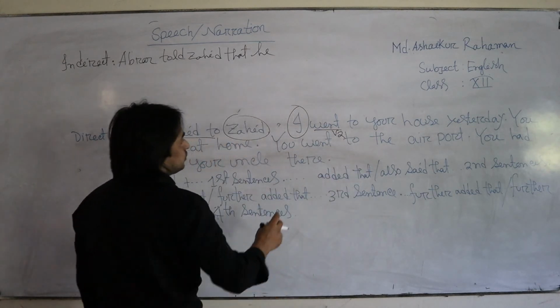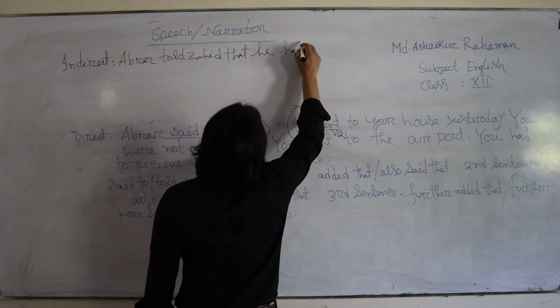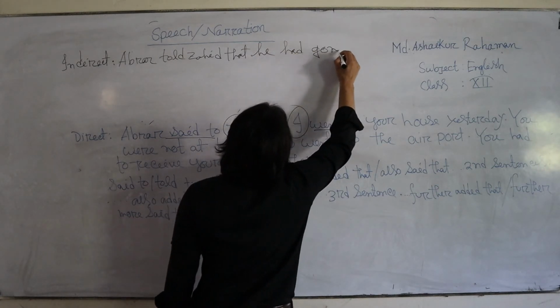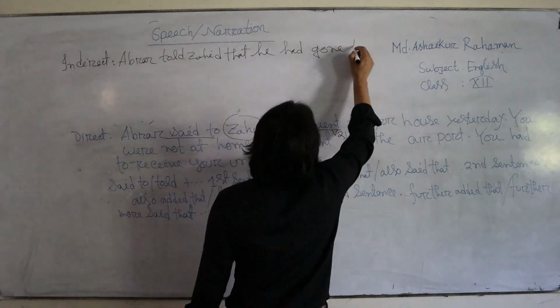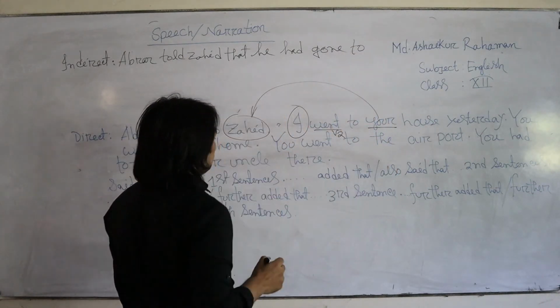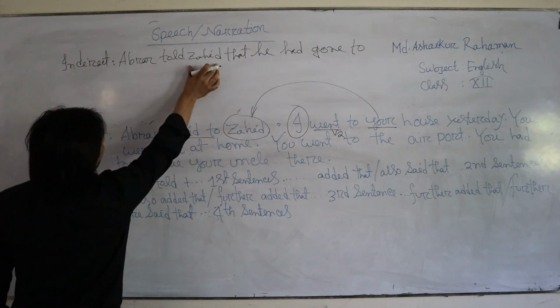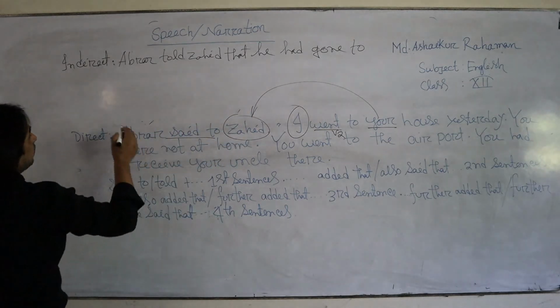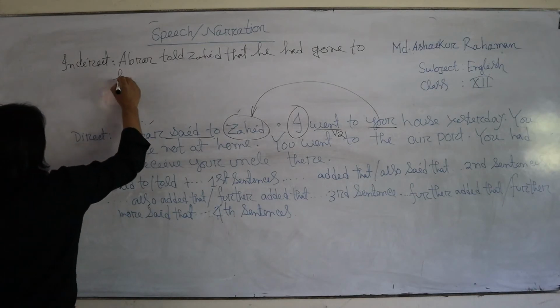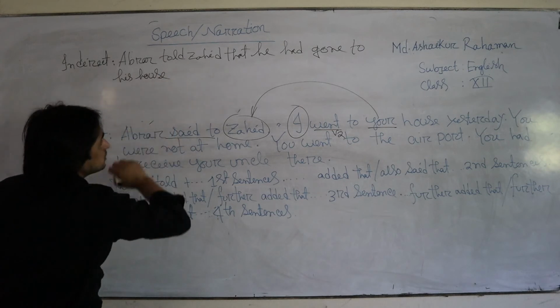V2 past form will be turned into past perfect: had gone to. You or your indicates the object of the reporting speech. As we mentioned Zahid here by name, we must use the pronoun his house.